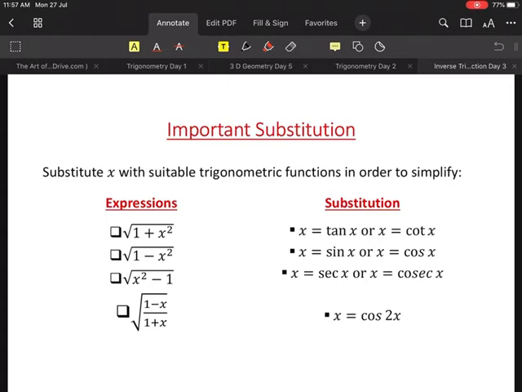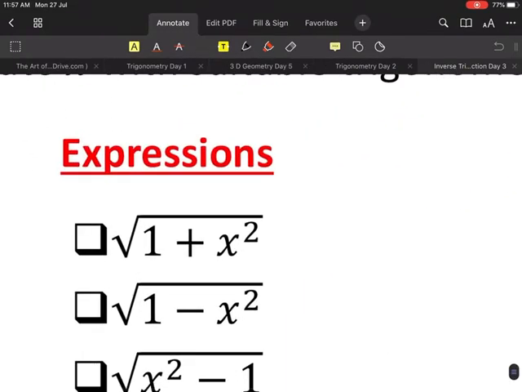I will substitute x as tan theta or cot theta. My main concern is to remove the square root, because square root creates a problem. So whenever you see 1 plus x square, I will substitute x as tan theta or cot theta.